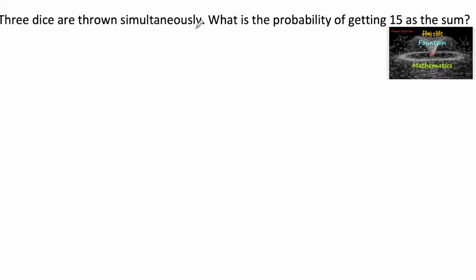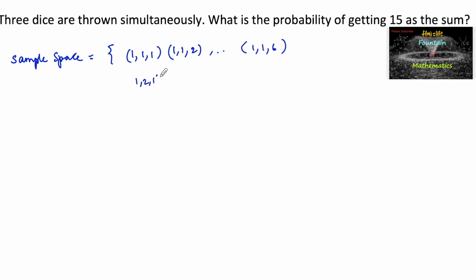Three dice are thrown simultaneously. What is the probability of getting 15 as the sum? So when 3 dice are thrown, the sample space can be considered: 1 comma 1 comma 1, 1 comma 1 comma 2, and so on, 1 comma 1 comma 6, or 1 comma 2 comma 1, 1 comma 2 comma 2, and so on, 1 comma 2 comma 6.